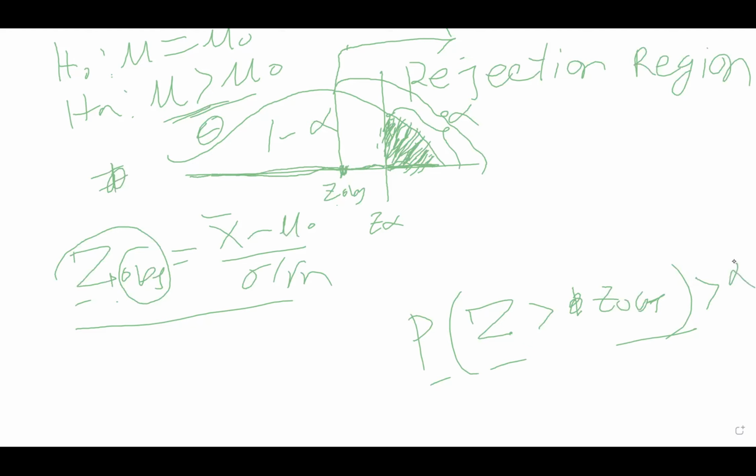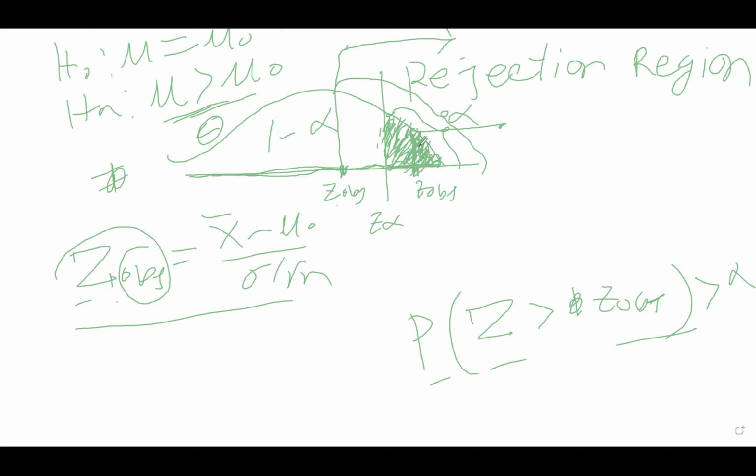It's always larger than alpha. But if Z observed is here, then the probability will be this area, and this probability is less than alpha.